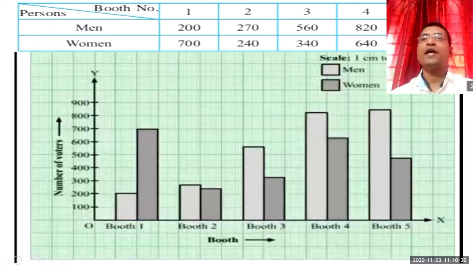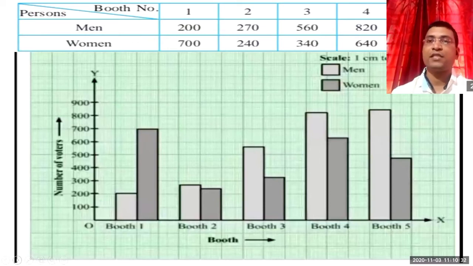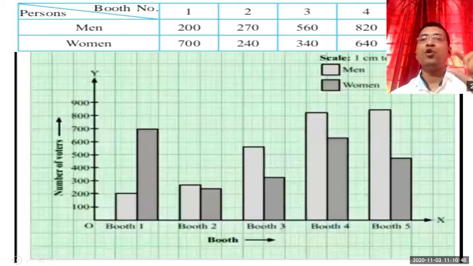Look at the scale. While drawing, you have to draw the scale on the upper right corner. Scale: 1 centimeter to 100 votes. It means between two bold lines, 100 votes are given. Men is a white bar and women is a black bar.